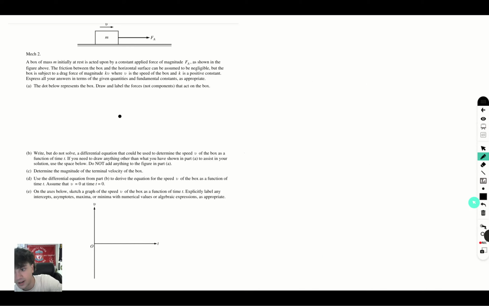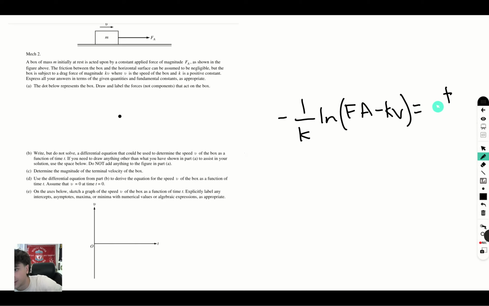So let's write that out. Negative 1 over k natural log of (Fa minus kv) is equal to t over m. And now we just want to find this in terms of velocity.